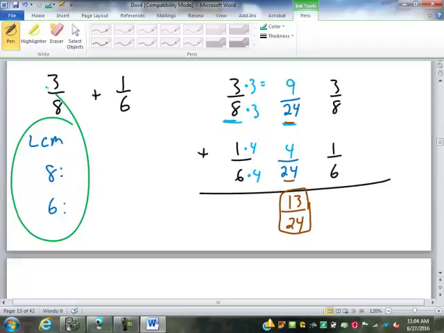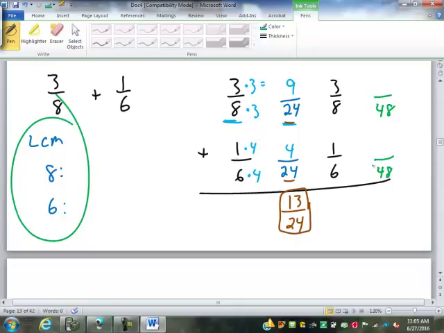But if you didn't have the calculator or weren't using the calculator, if I have 3/8 and 1/6, a way to get a common denominator, again, not the smallest one, but it is a common denominator, is to just say, hey, what's 6 times 8? It is 48. Will that work? Sure.